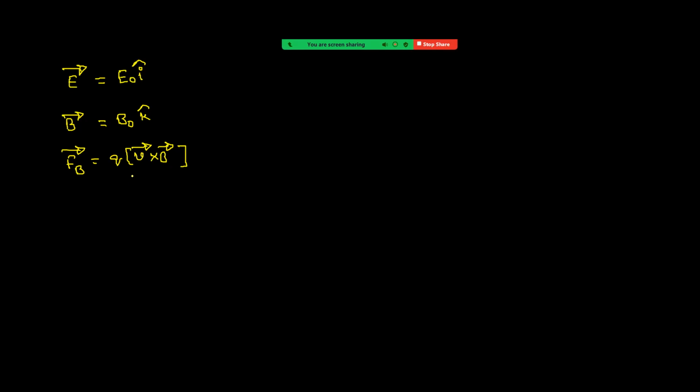Since initially they were at rest, no magnetic force acts on them. Now force acts only because of the electric field. So because of the electric field on positive ions, force will be along positive x-axis.